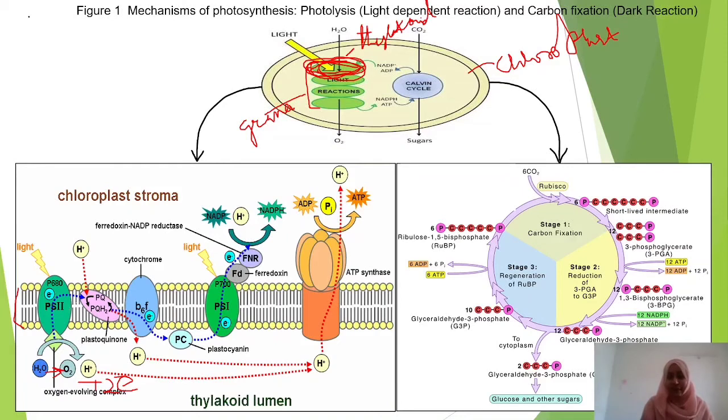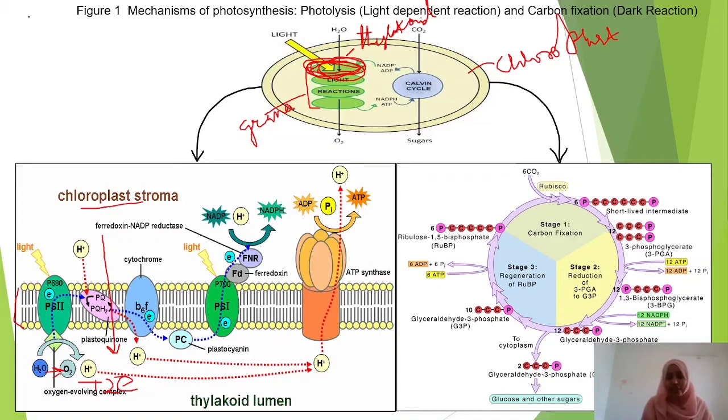And one more thing happens here. When the electron passes from one electron carrier molecule to another during the electron transport chain, it releases lots of energy. This energy is sufficient and utilized to pump the proton ions present in the stroma region into the thylakoid lumen or space. So this is the first way the proton ion is accumulated in the thylakoid lumen.